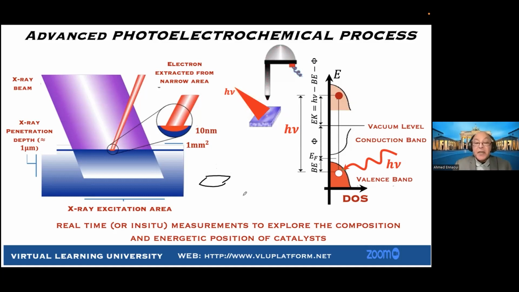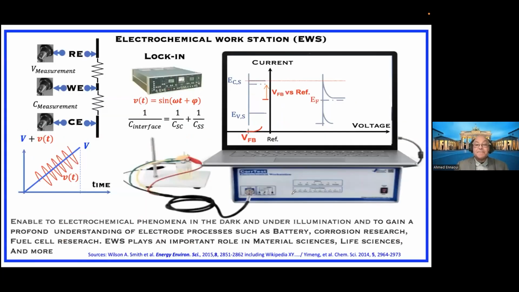You can analyze your electrode under vacuum and see what you have produced on the electrode, what you have adsorbed on the electrode, or if you have deposited something on your electrode. For example, if you are studying batteries, you don't want to deposit, you want to intercalate inside your electrode, and you can learn about this process.